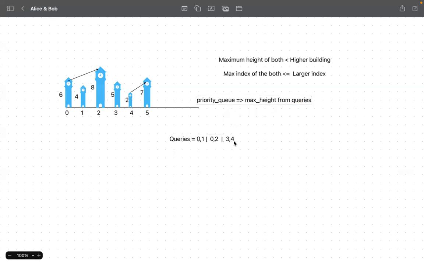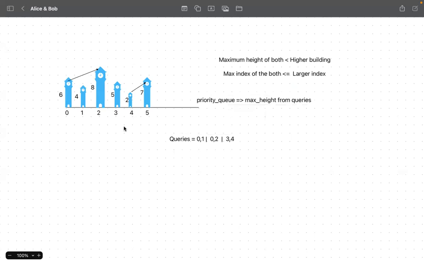Okay. So for the first step, we are not serving queries directly, right? We are inserting the queries into the priority queue, and we are looking at the buildings. For each building, we are trying to find out the queries.